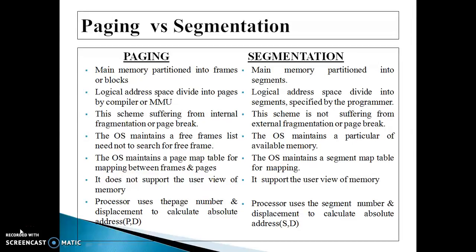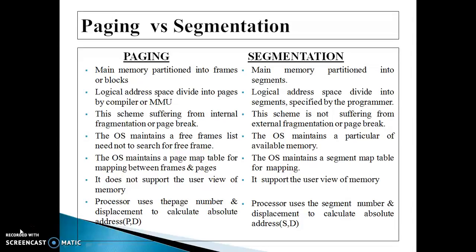In paging, the OS maintains a page map table for mapping between frames and pages, whereas in segmentation, the OS maintains a segment map table for mapping. In paging, it doesn't support the user view of memory, whereas segmentation supports the user view of memory.